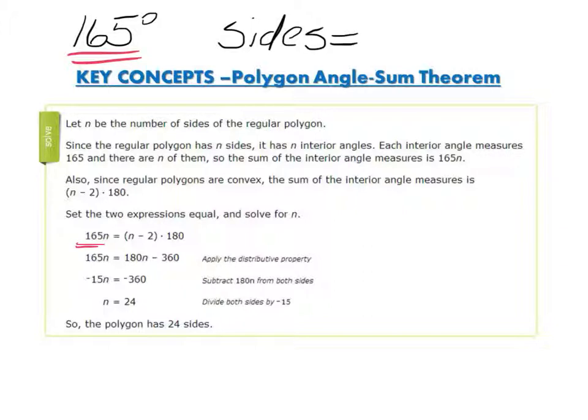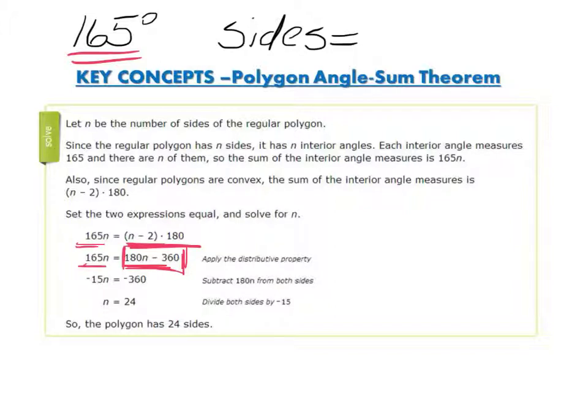The first side would be 165n, because 165 times the number of sides equals the number of sides minus 2 times 180, which equals 165n equals 180n minus 360. Now the one thing is, this side will always be the same. 180n minus 360 will always be the right-hand side, no matter what you have on the left-hand side.